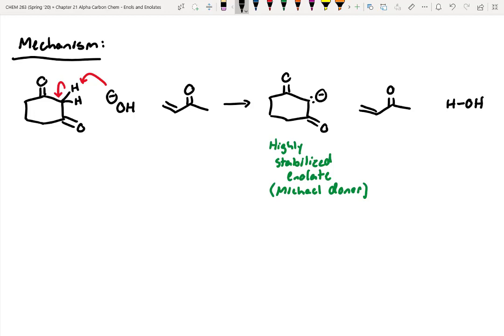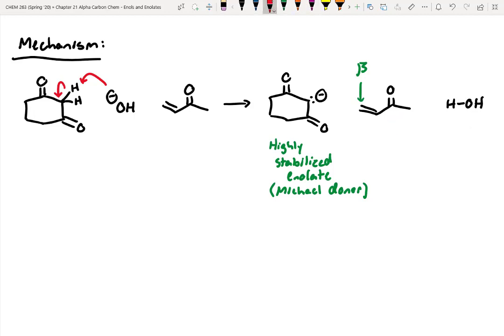And if you remember, a Michael donor, meaning this enolate that we've made right here, when it reacts next, prefers to add to the beta position. So if we have a beta position off of an alpha-beta unsaturated ketone or aldehyde, that's exactly where that Michael donor is going to react, rather than the carbonyl carbon.